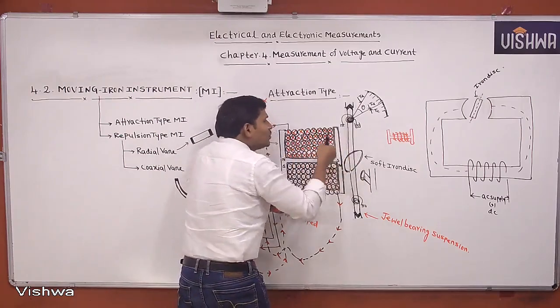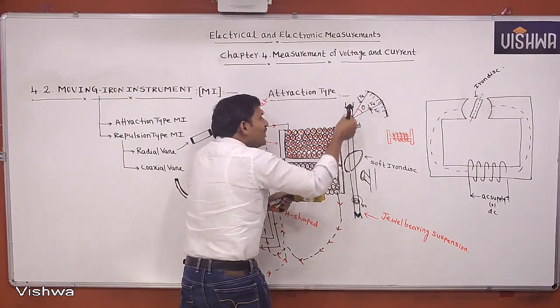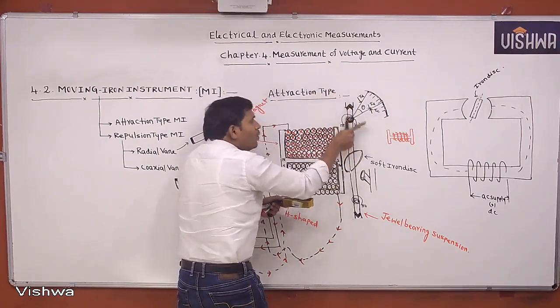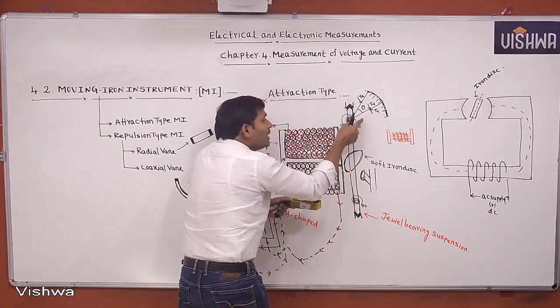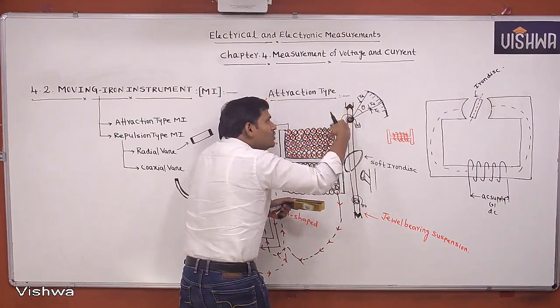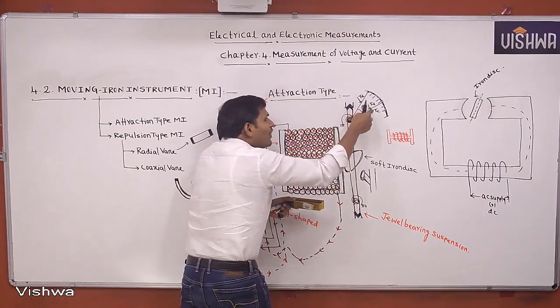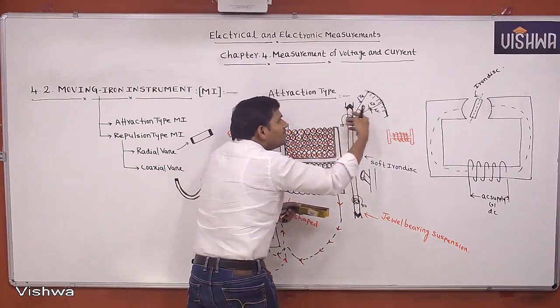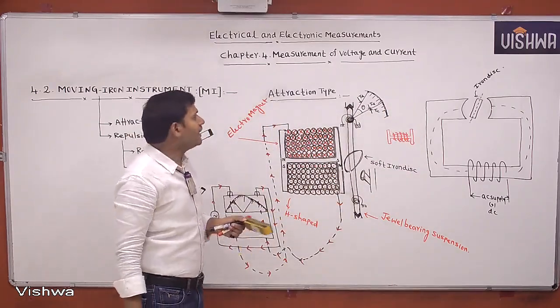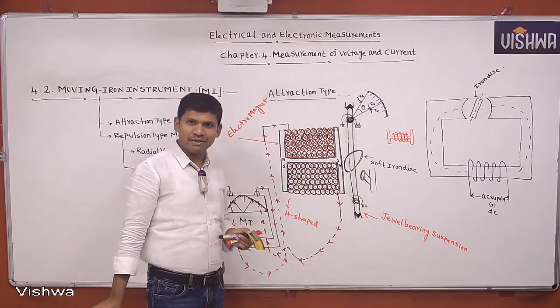When the spindle is rotating, because the pointer is fixed to the spindle, the pointer is moving. When the pointer starts moving, because of the elasticity property, the spring is wound in the opposite direction. Whenever deflecting torque equals controlling torque, the pointer comes to the steady state, and the meter shows the required reading. That is the operation of the attraction type instrument.